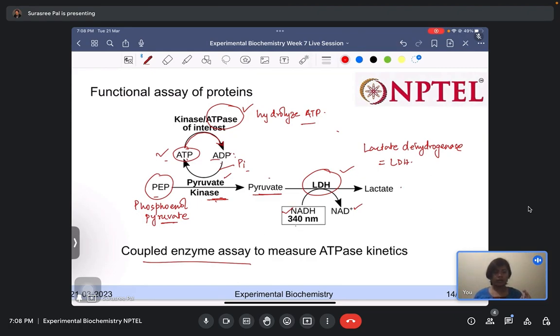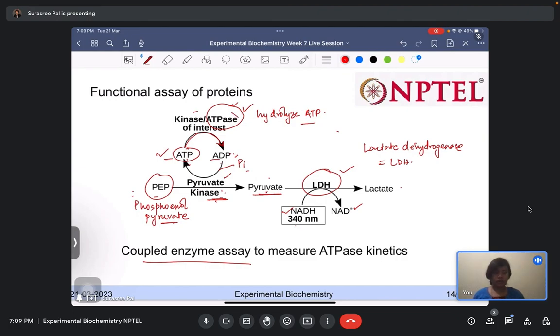So since our protein of interest is in the system along with phosphoenolpyruvate and pyruvate kinase, pyruvate kinase will convert phosphoenolpyruvate to pyruvate, and meanwhile ATP will be generated. This ATP will be converted again to ADP by the ATPase, and this cycle will go on.